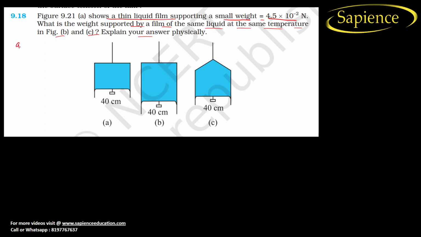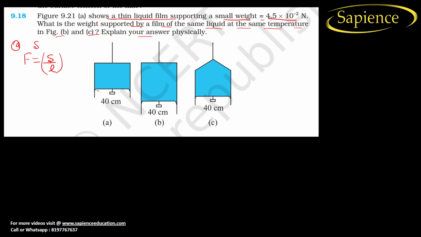Now let us see here. As you see in the case of A, let us consider the surface tension of the liquid to be S. Because the liquid for all three situations is the same, the surface tension will be the same. So the force it can withstand is equal to surface tension per unit length.